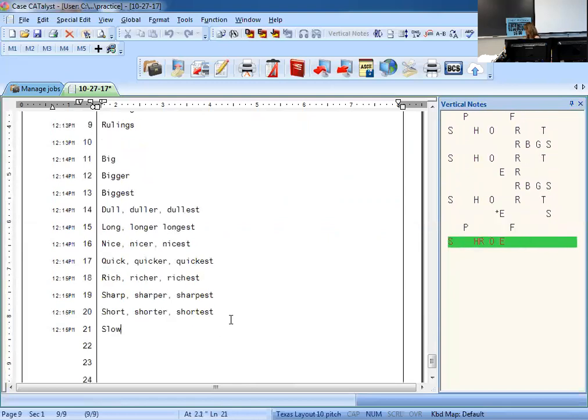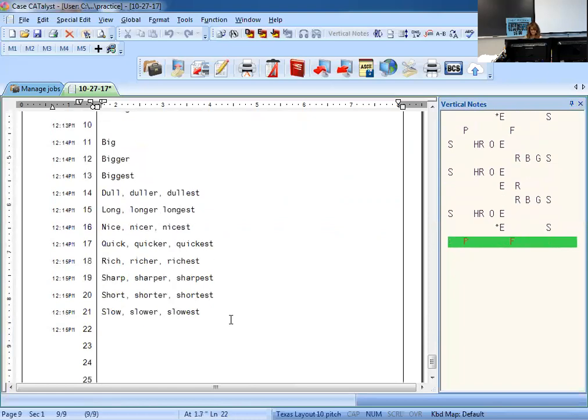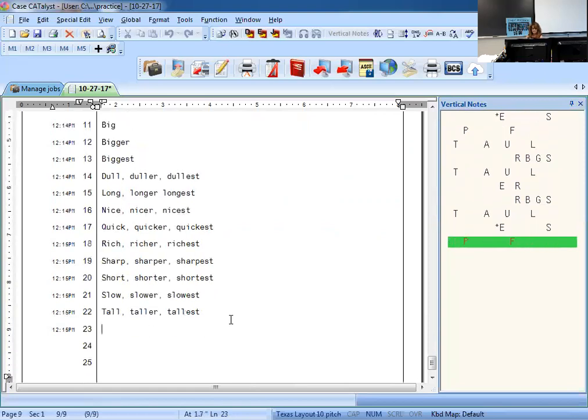Slow, slower, slowest. Tall, taller, tallest. Okay? Very important that y'all realize that to compare something, you're going to write the ER ending. It's just ER. EST, the superlative, the most of the words, ES asterisk, okay?